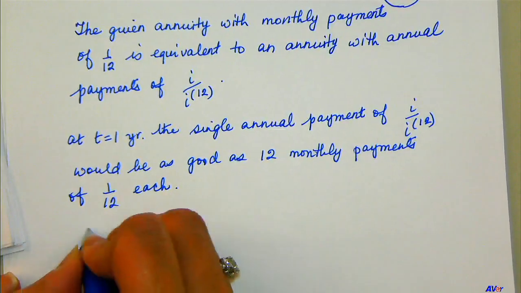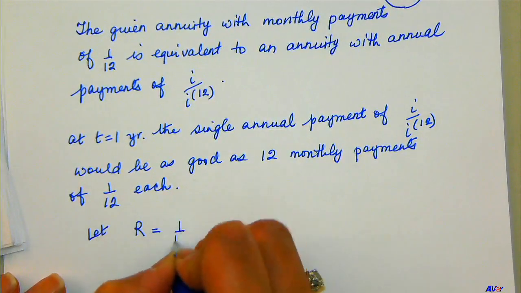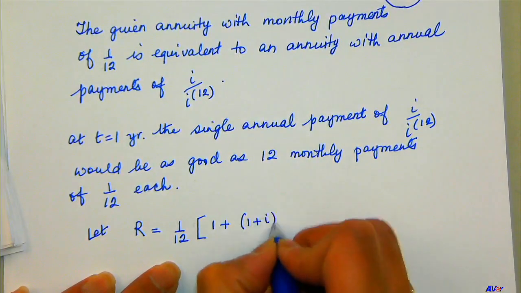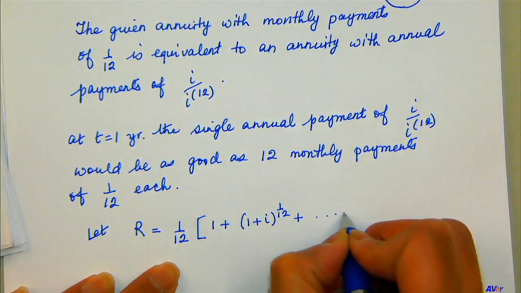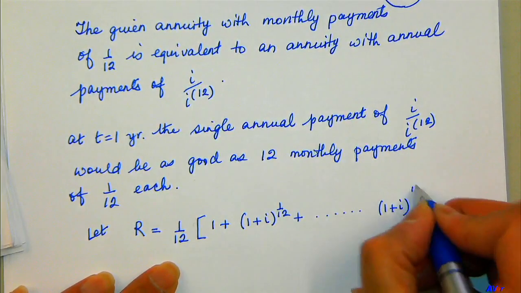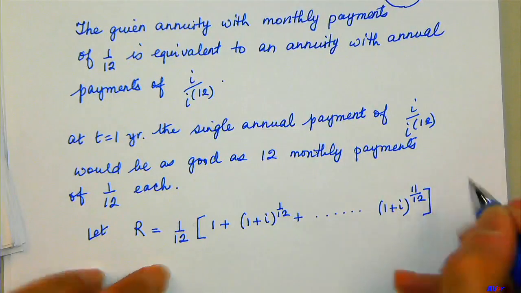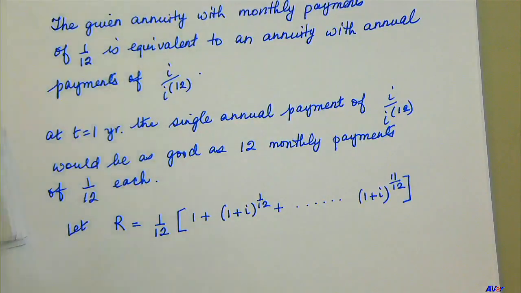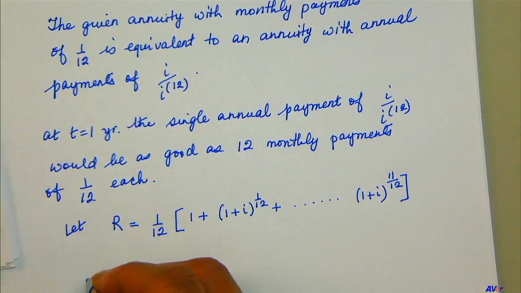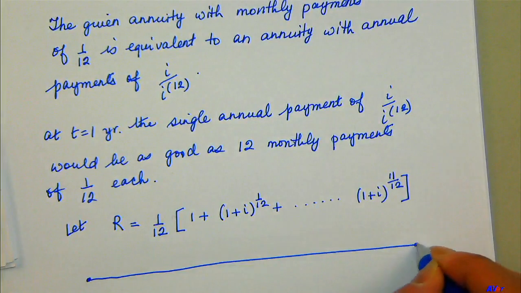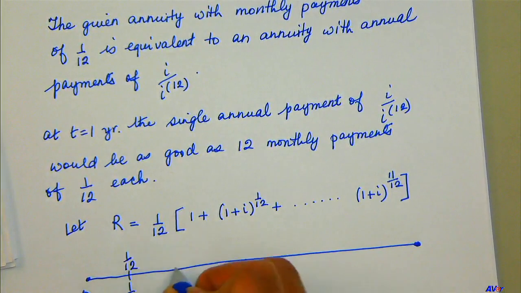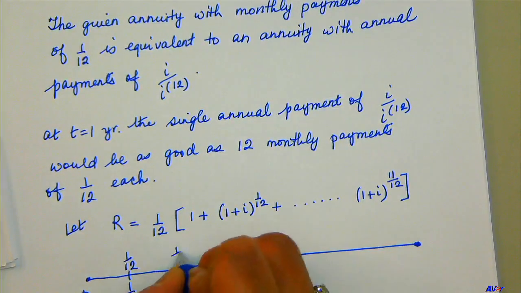Let R be 1 over 12 times 1 plus 1 plus I to the 1/12 plus dot dot dot 1 plus I to the 11 over 12. I'm going to explain. Timeline. Zero, 1/12, you have a payment of 1/12. 2/12, you have a payment of 1/12.